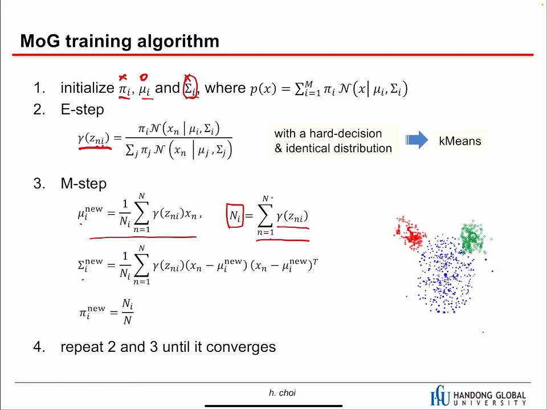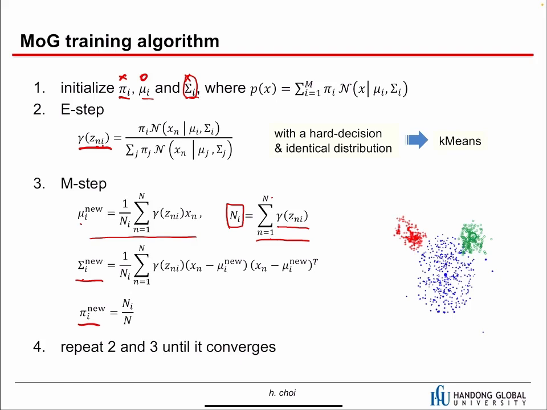Yes, n sub i means how much this cluster is responsible for all the samples. And we can update the covariance matrix, and we can update this prior, the weight. Then we repeat steps 2 and 3 until it converges.